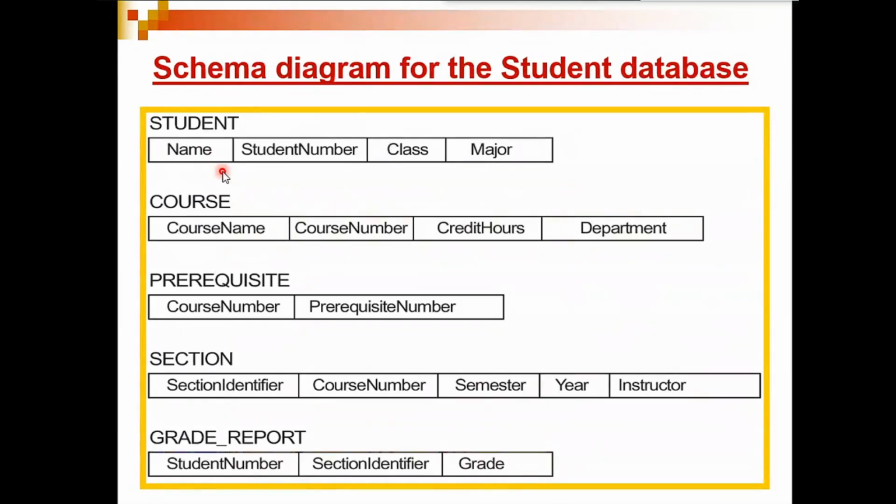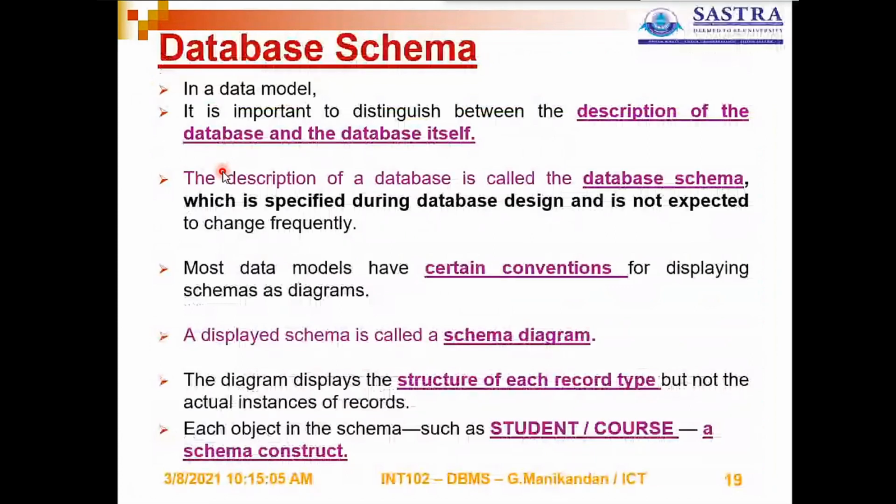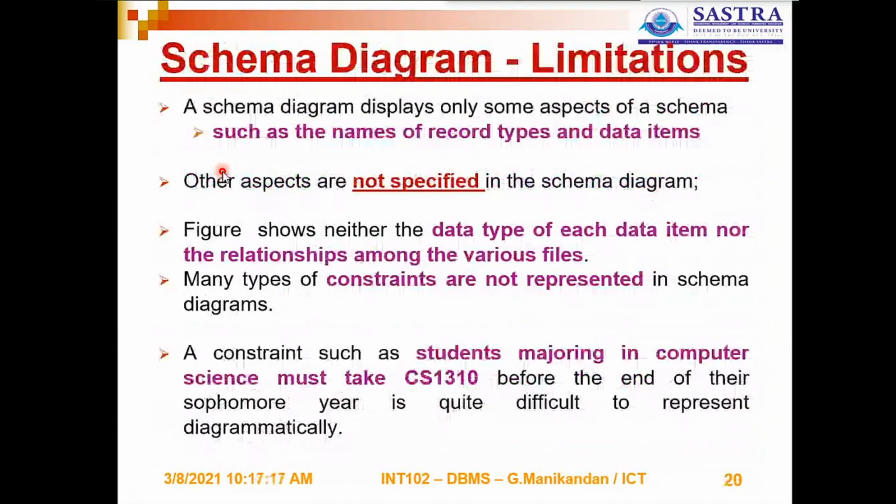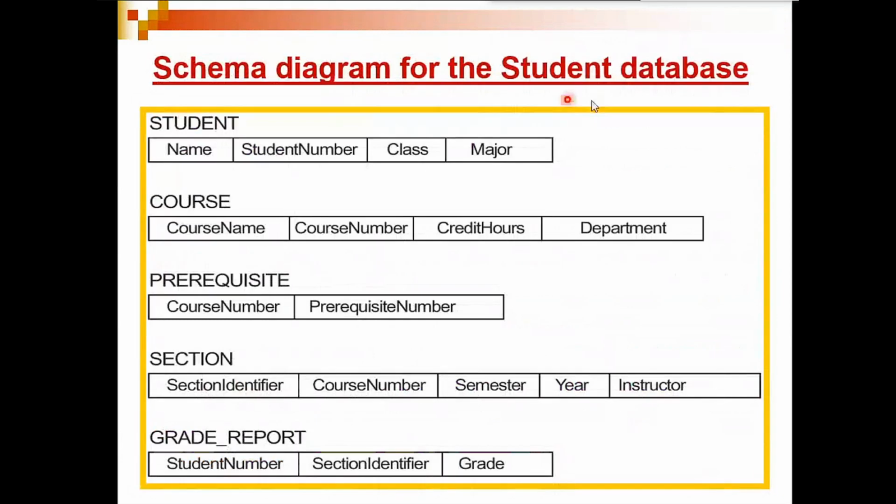Now, you are having some limitations associated with this schema diagram. What is the limitation? If I say this is the schema diagram associated with the student, what is the basic information you can infer? You can infer you are having 4 fields, and the names of those 4 fields are name, student number, class and major.